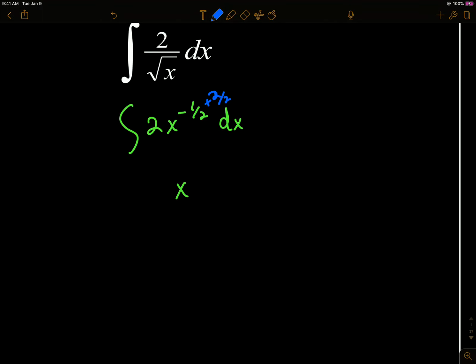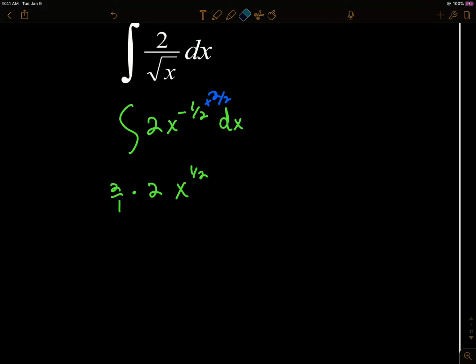1 onto it, so that's what I usually do to show I'm adding 1 onto it, I get x to the 1/2 power. Now the new power is 1/2, so whenever the power is a fraction or the coefficient is a fraction, instead of dividing by the new power, I multiply by its reciprocal. It's easier. It's cutting out a step. Because look, if I divide by a fraction, I'm going to end up multiplying by its reciprocal anyway.